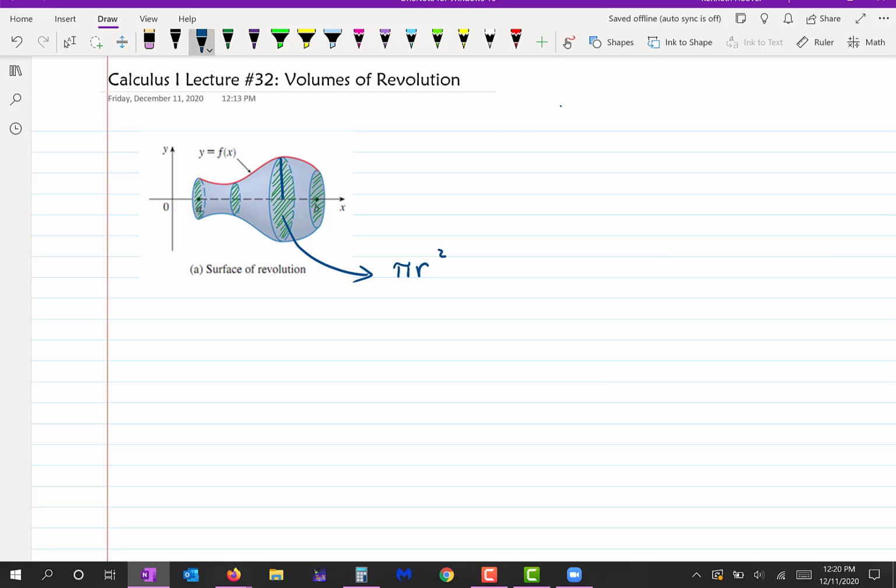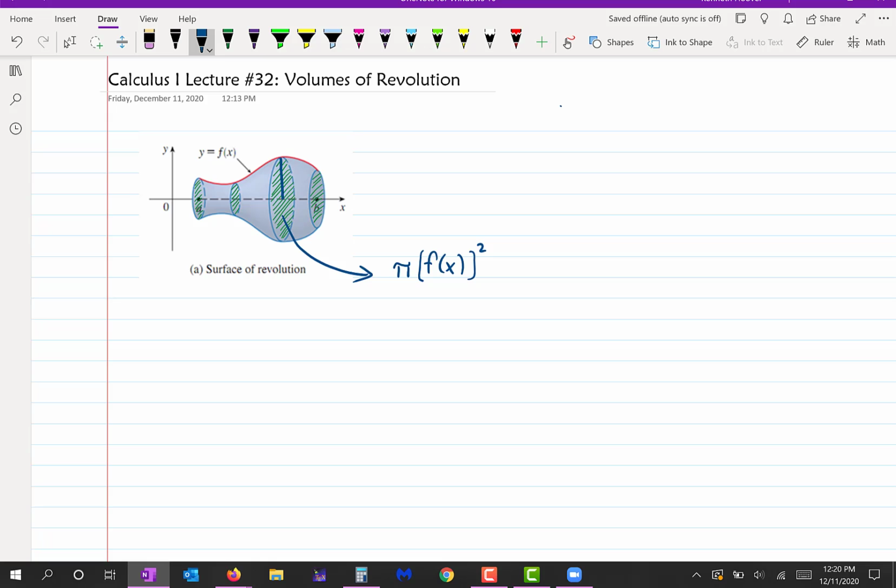Doesn't that go from 0 up to a height of f of x? So isn't the radius equal to f of x? So the area of that disk is pi times f of x squared.